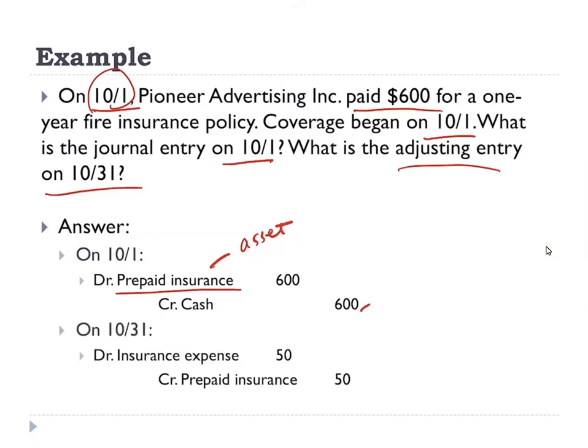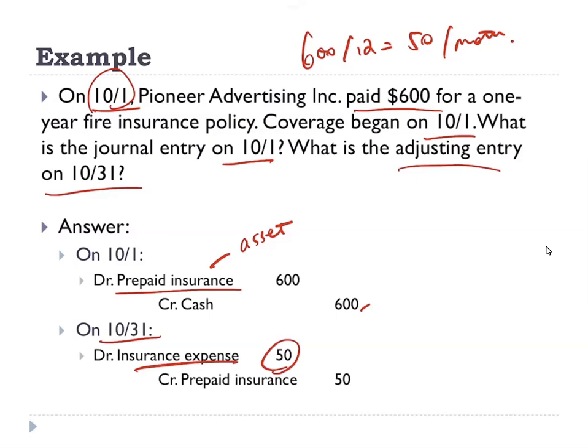And then at the end of the month, now the firm has used this fire insurance policy for 1 month. And 600 divided by 12, that is $50 per month. So at the end of the first month, we can recognize insurance expense for $50 because the firm has used this policy for 1 month.